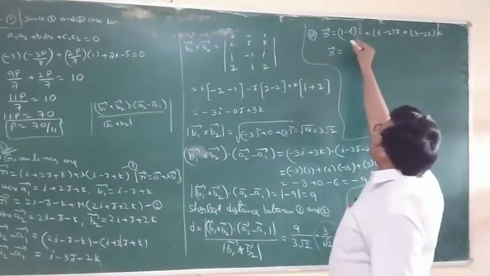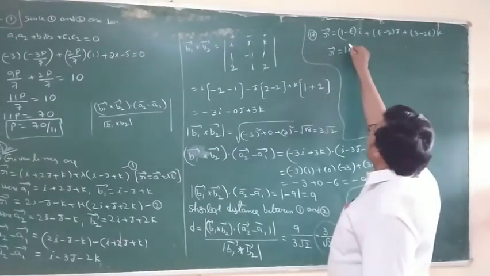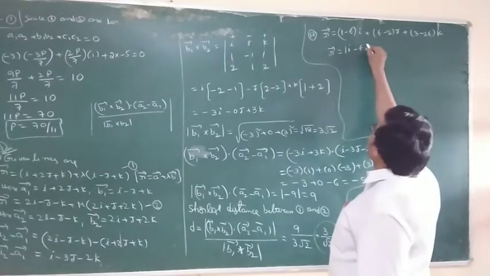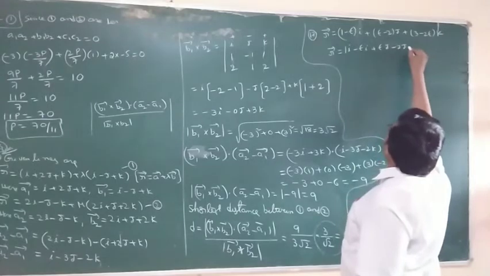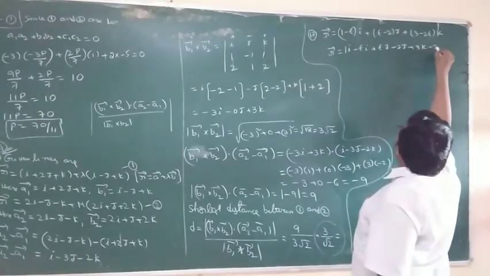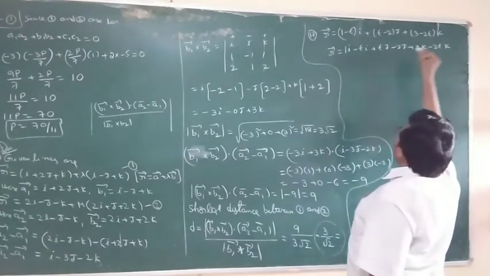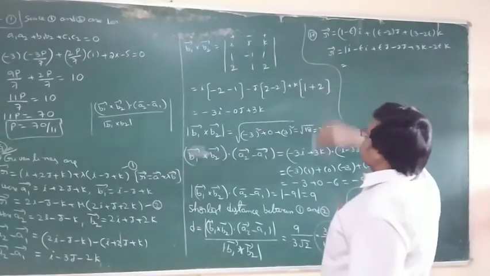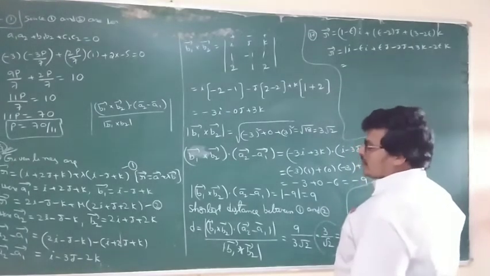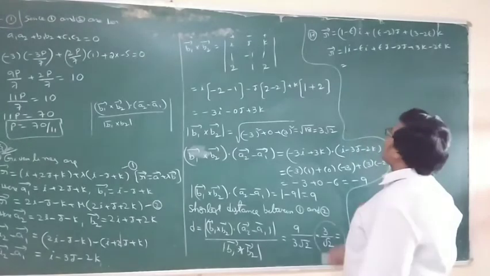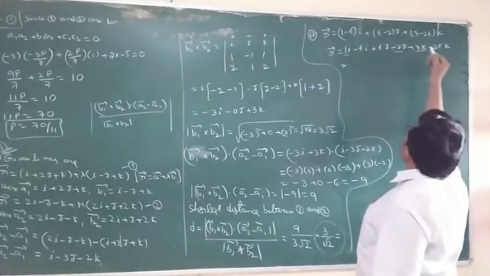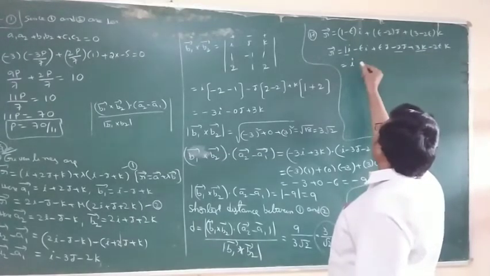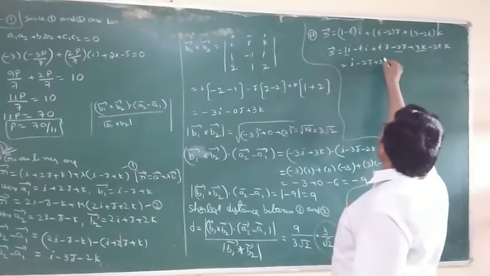First multiply: 1i minus ti plus tj minus 2j plus 3k minus 2tk. So first of all ā plus λb̄, without the parameter terms first: i, minus 2j, plus 3k.